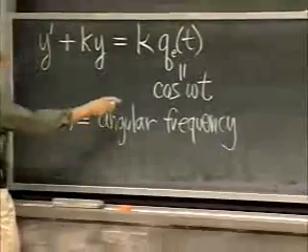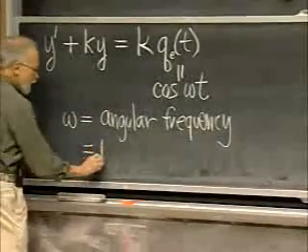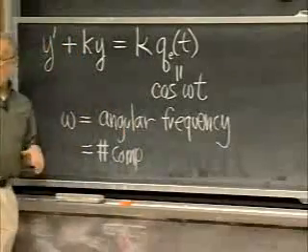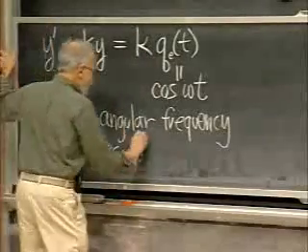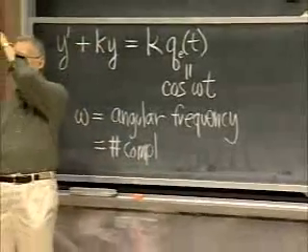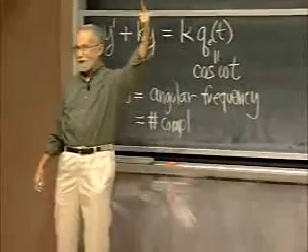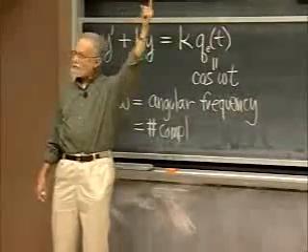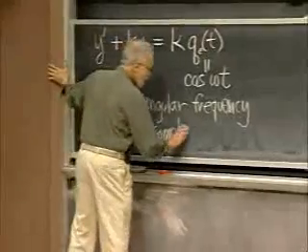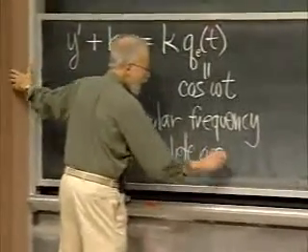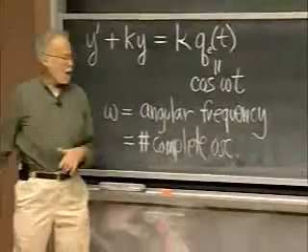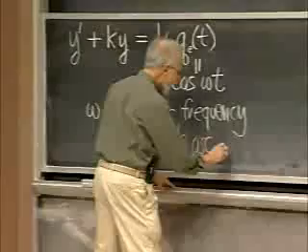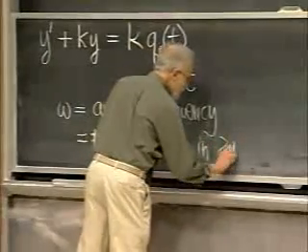It's the angular frequency. It's, in other words, the number of complete oscillations. This cosine omega t is going up and down, right? So a complete oscillation is it goes down and then returns to where it started. This is only half an oscillation because you didn't give it a chance to get back. So the number of complete oscillations in how much time? Well, in the interval of length 2 pi on the t-axis.